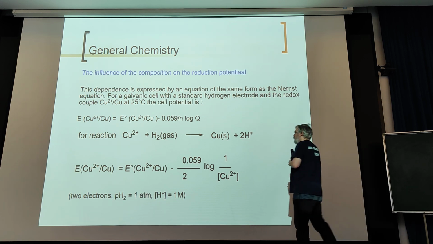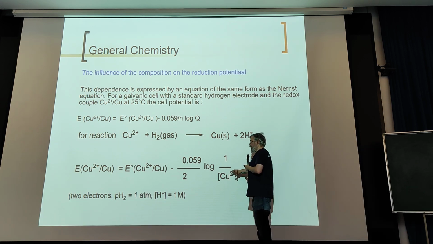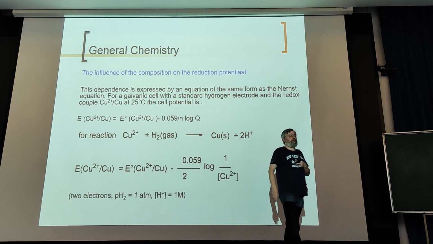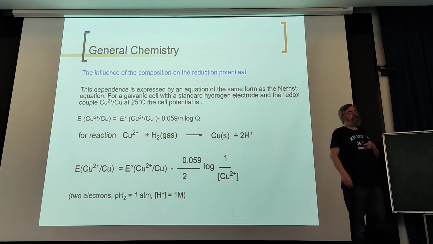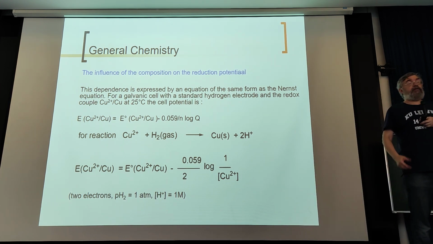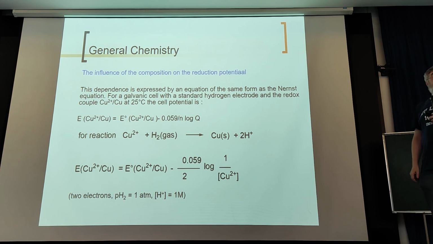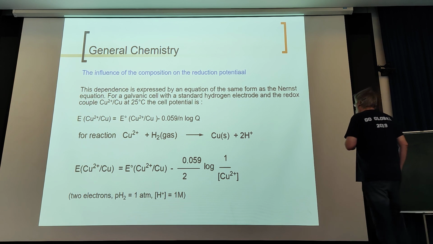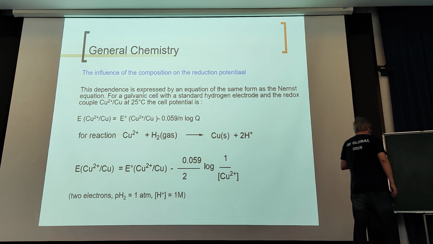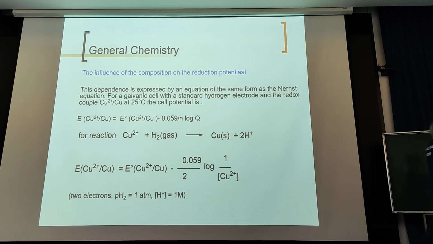If of course the concentration of copper is not 1 molar, this is going to change. So if it's 0.1 molar, for instance, then the logarithm becomes the logarithm of 1 over 0.1, so that's logarithm of 10.